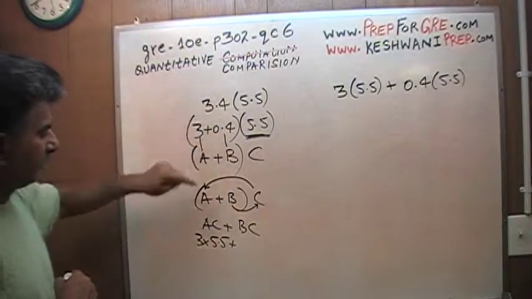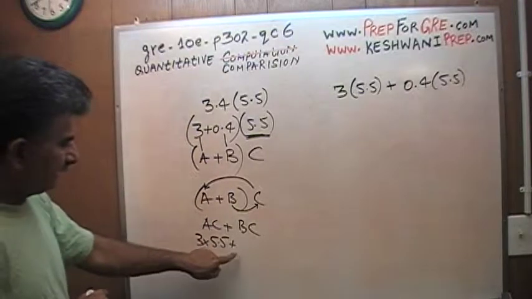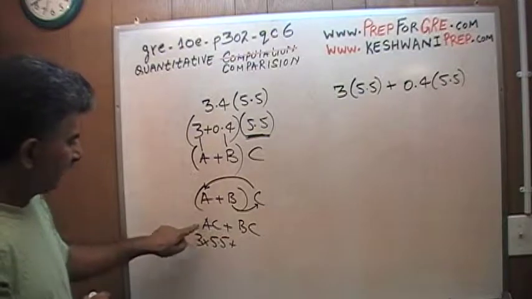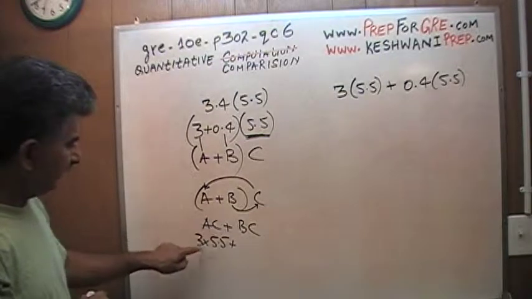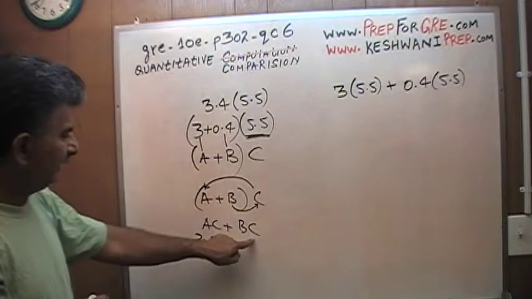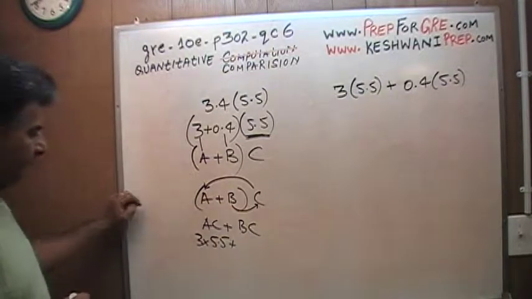So A times C plus B times C is the same as A plus B times C.